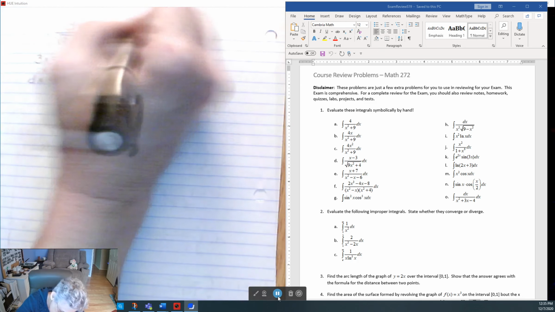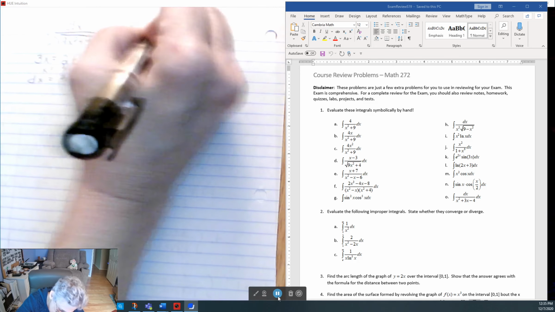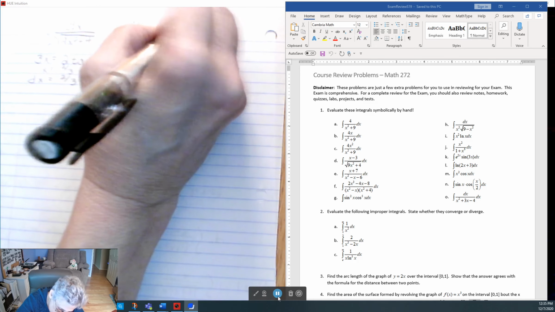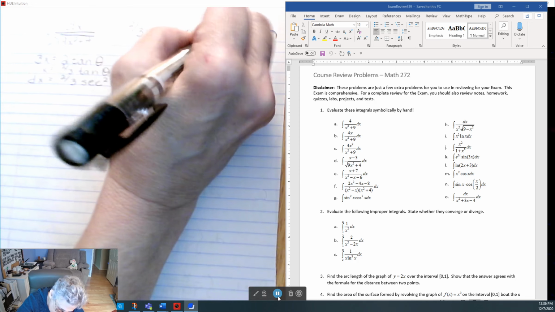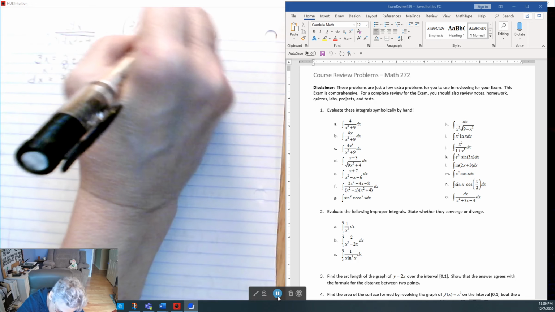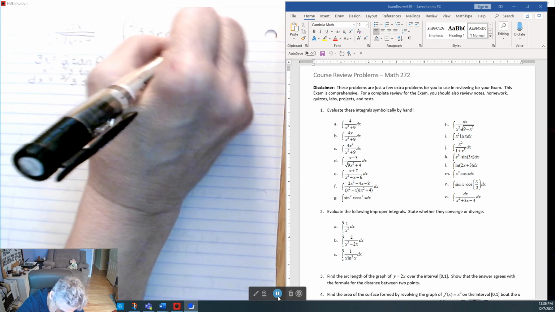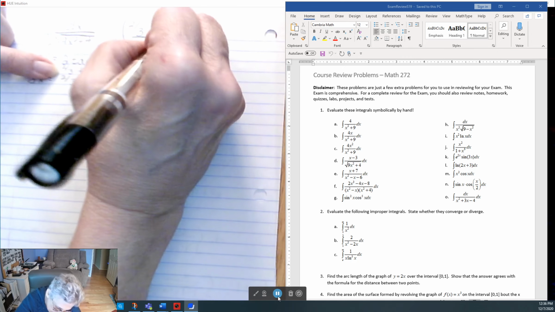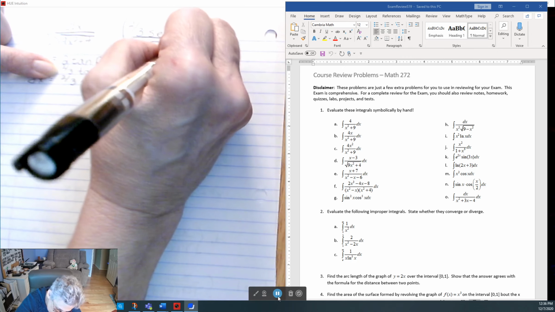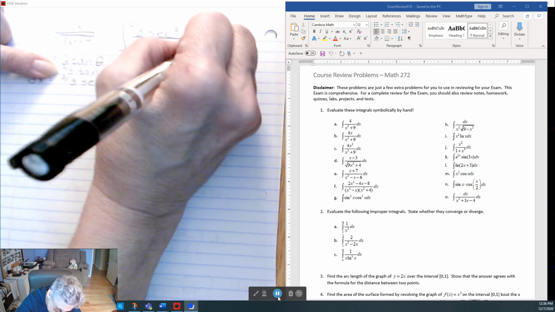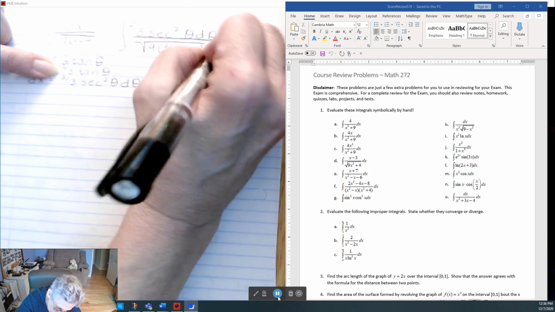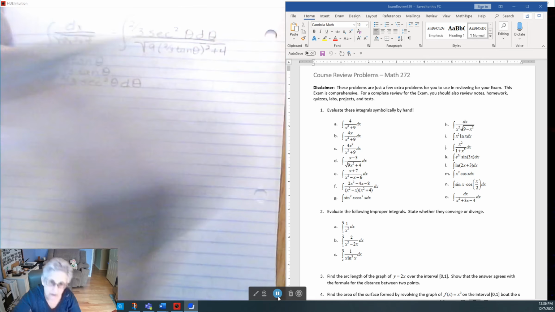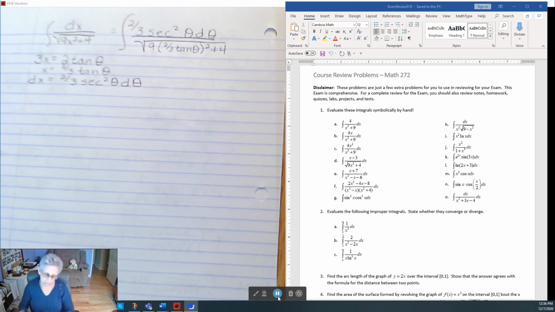So instead of dx, I have 2/3 secant squared of theta d theta divided by the square root of 9 times 2/3 tangent of theta, whole darn thing squared, plus 4.